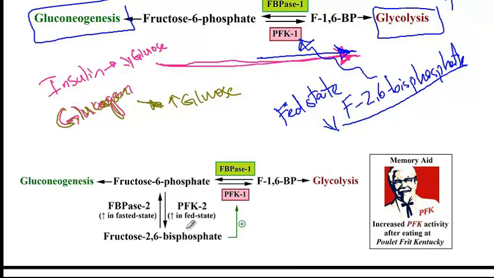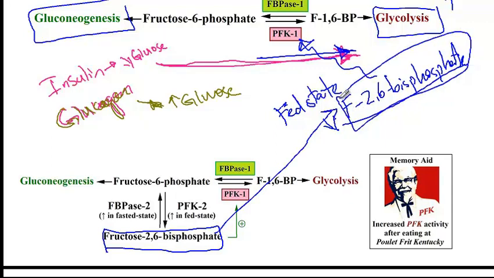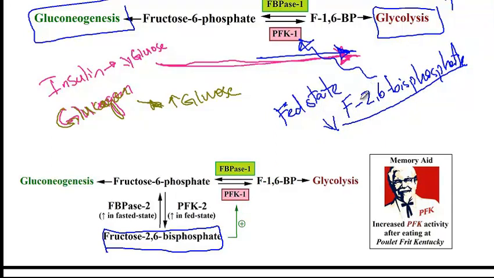It shows you that in the fed state there is increased concentration of the enzyme phosphofructokinase 2 that converts fructose 6-phosphate into fructose 2,6-bisphosphate. This is the same molecule that we just discussed right here. And this molecule enhances activity of phosphofructokinase 1 in order to promote glycolysis.